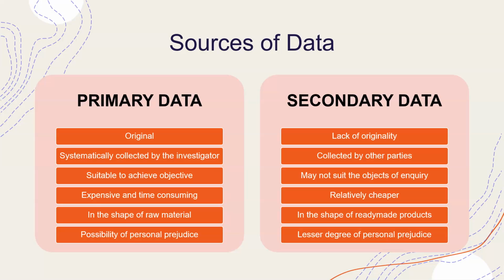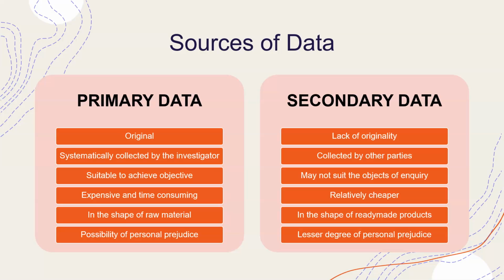Primary data are more reliable and suitable for the inquiry because it is collected for the particular purpose, but secondary data are less reliable and less suitable as someone else has collected the data, which may not perfectly match the inquiry of the investigator.